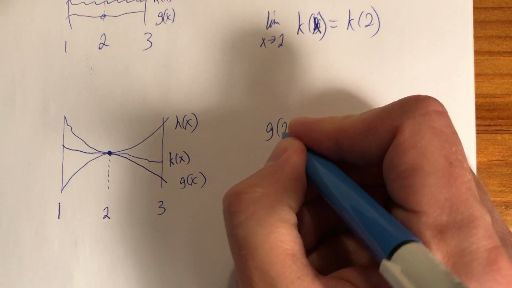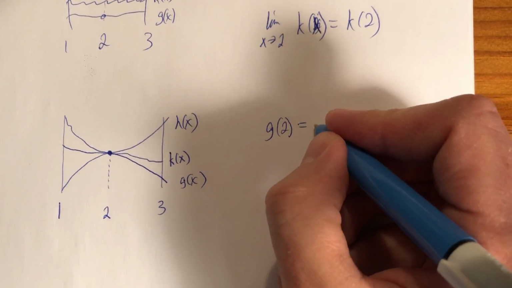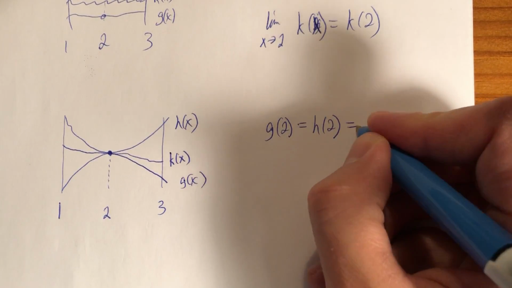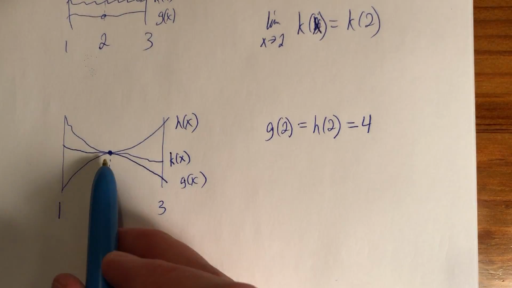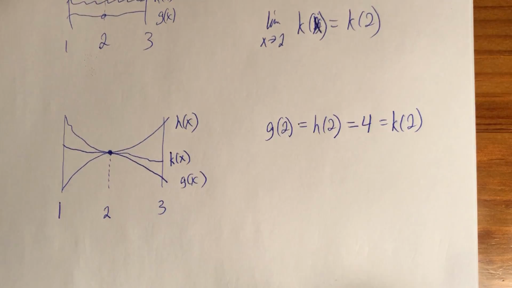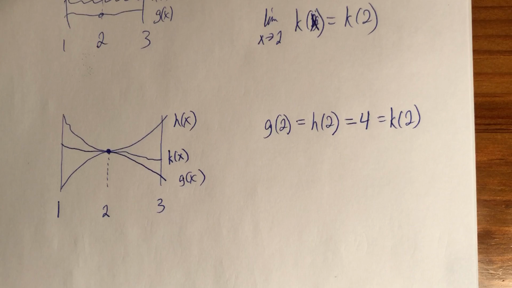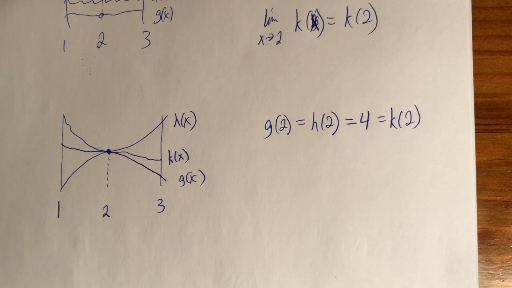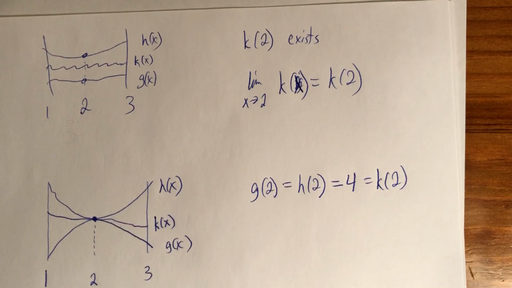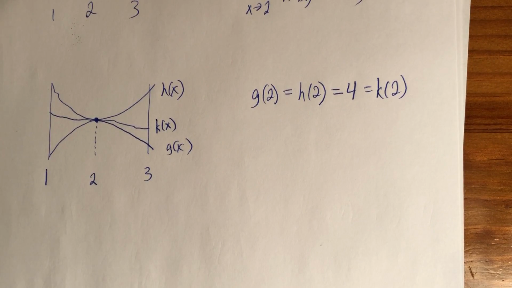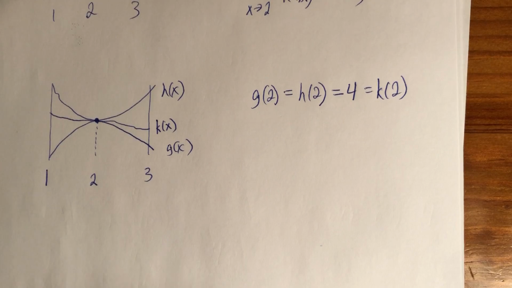Because g of 2 equals h of 2, which equals 4, and k is stuck between them, that's also k of 2. All right, so I'm just kind of writing down stuff that by this point we know. So this point right here is 2, 4 for all 3 functions. So k of 2 exists, check. Now, because we have squeezed it between the others, if you don't use that word, it's fine.